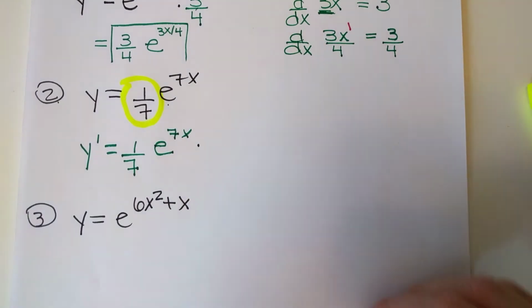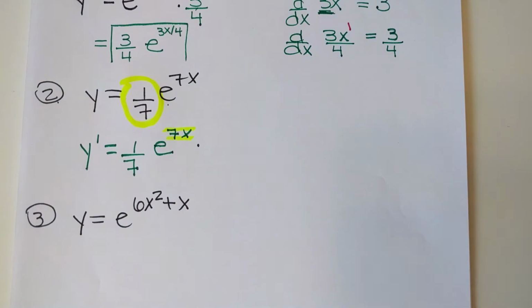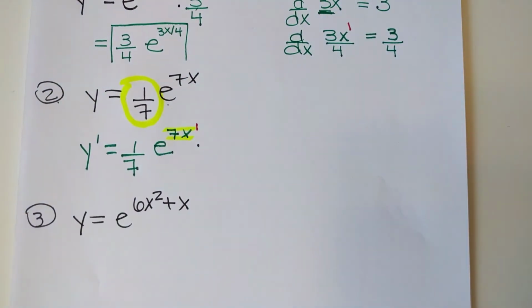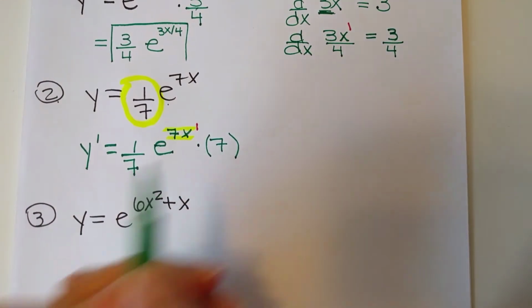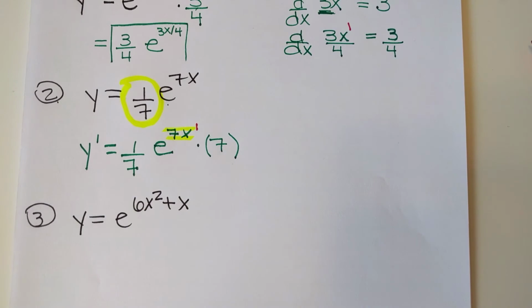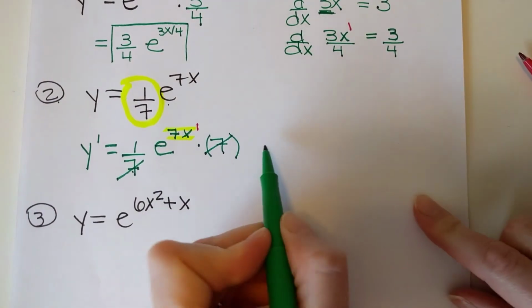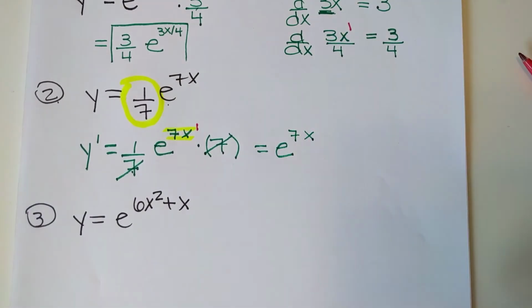And then we multiply that by the derivative of the exponent. Now, in this case, our exponent has x to the first power, so the derivative of 7x will just be 7. Now, you do, of course, need to simplify this. So the 7 and the 7 here can cross out, and you'll just be left with e to the 7x.